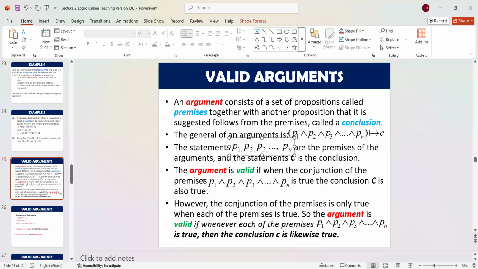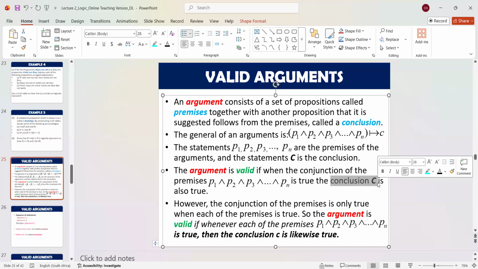Now, what do you do? You take all the premises, P1, join it to P2, join it to P3, up to the last premise, and find out where they are all together true. That's why in the slide I'm saying P1 and P2 and P3 up to Pn. When you find that place, compare those particular rows with the conclusion.